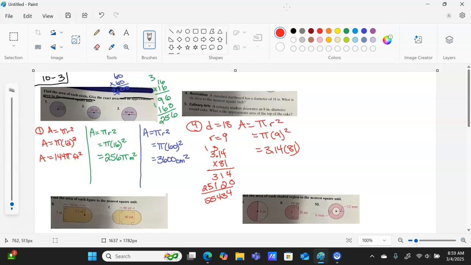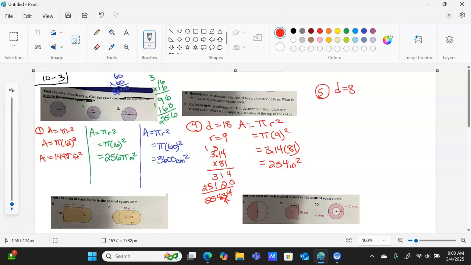And we need 2 decimal places, which would be 254.34. To the nearest square inch would be 254. So we can drop our decimal. We don't round up because that's a 3 right there. So don't round up.